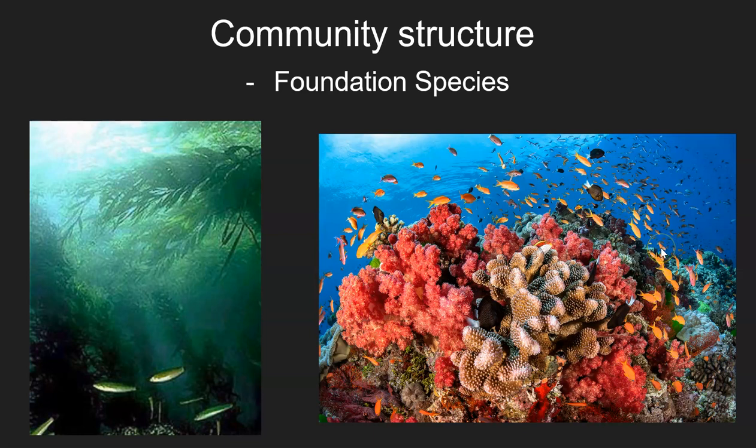So if you get rid of coral, all of these species that rely and depend on the things that live inside the coral reef are going to be gone. If you get rid of this kelp, the things that live inside the kelp are going to be gone. And so the things that rely on the things that live inside those kelp are going to be gone. So foundation species are basically the foundation upon which entire ecosystems, entire environments rely.